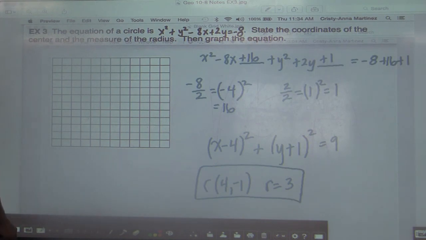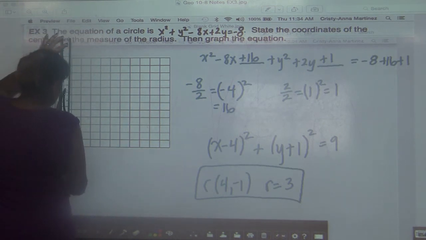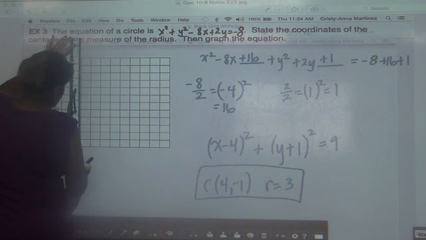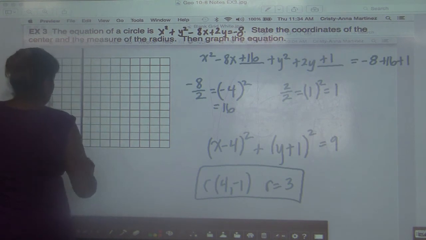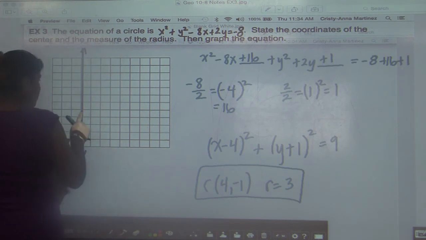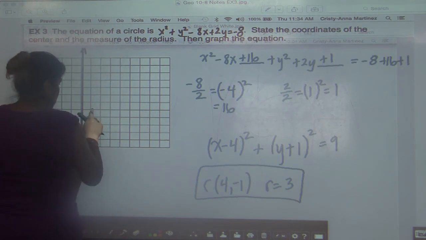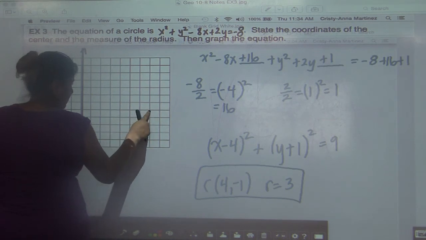I'm going to try to, maybe we'll go by 2s. I don't have that big of a graph here, so let's see if I can do this without too much issue. So if we go 2, 4, or this is 1, 2, 3, 4, 5, 6, 7, that might work.